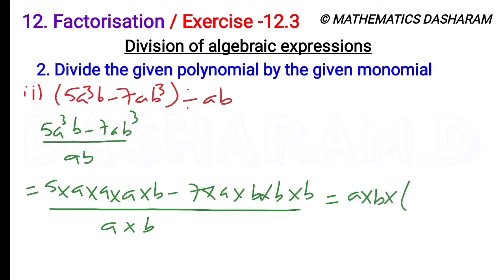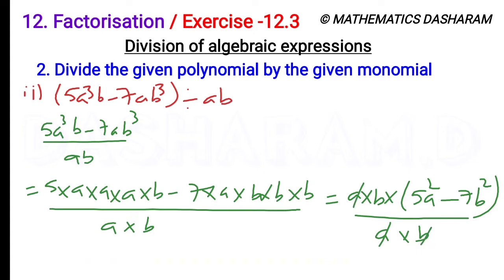Then the remaining terms are, here 1a is already removed, so 5a square minus 7b square, divided by a into b. So here a and b cancel, so the answer is 5a square minus 7b square.